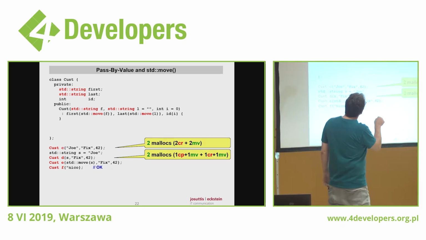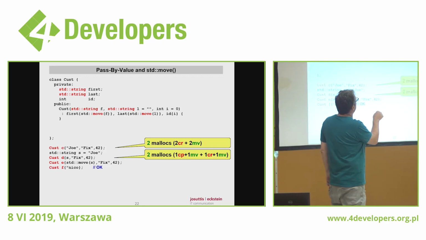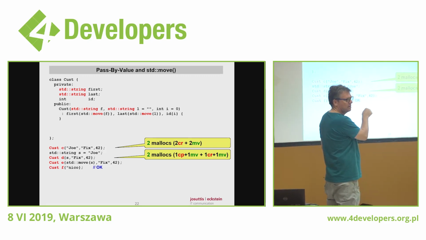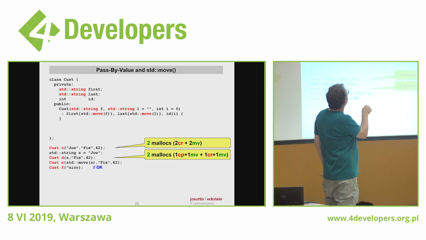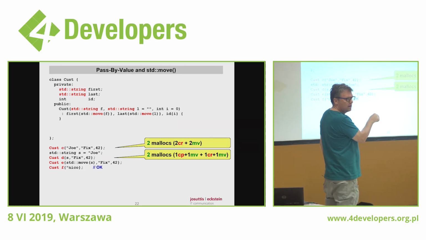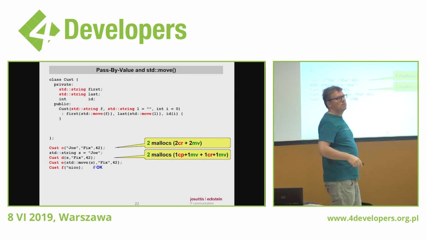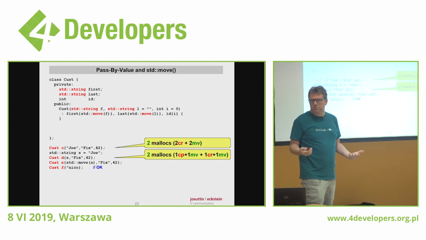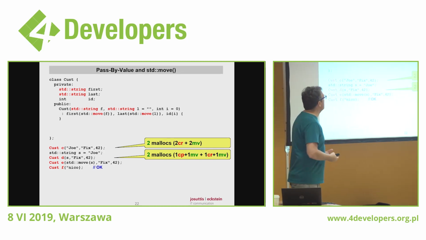In any case, we have to initialize the first and the last name as a string. The only thing we do is we do it earlier, here in the argument, and then we move this memory that is initialized here to the members. So this is, from the number of allocations, perfect.